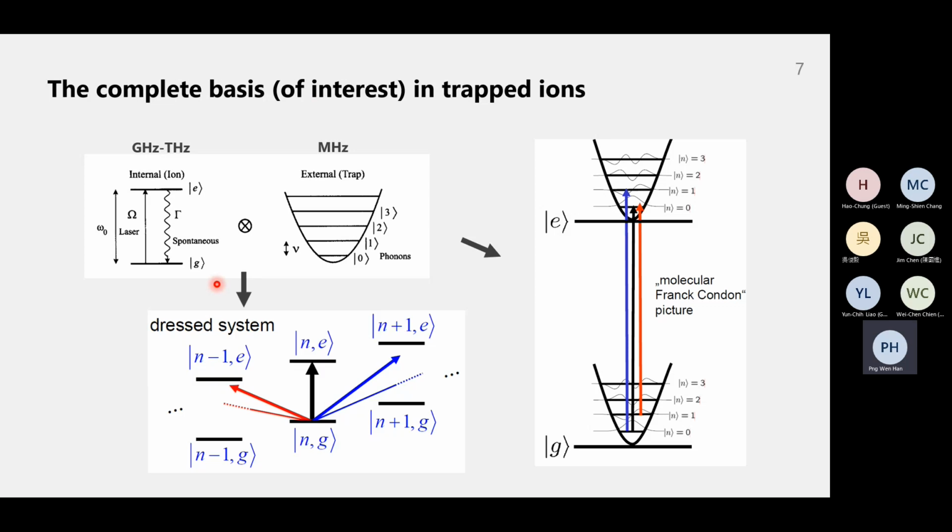There are 2 ways of looking at this, and the tensor product of the states, the e and g, and the motional levels, the n, is what we call the sideband. The transitions between these states are what we call sideband transitions. As you can see, the qubit levels have a larger energy splitting than the motional levels.